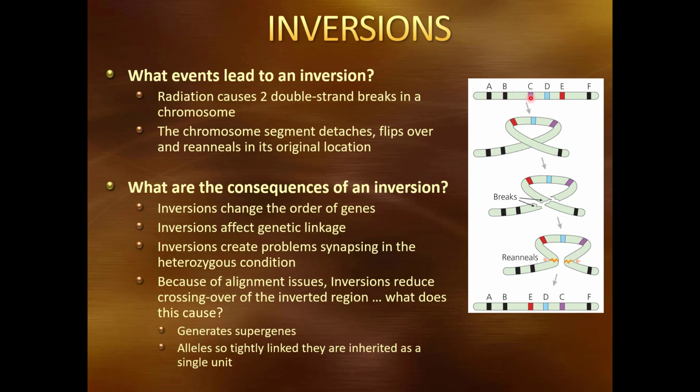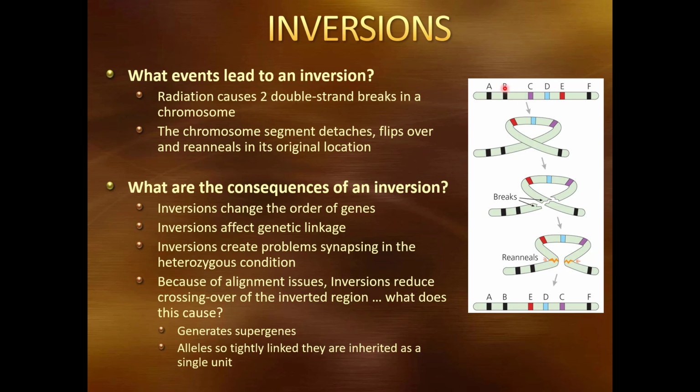But if I take C and move it further away, now there's a good chance that I get a crossover somewhere within that space, because the more space you have here, the more likely you are to get a crossover and more likely to get reshuffling of genes. If you have a very short space here, you typically don't get a crossover, and then you don't reshuffle those.